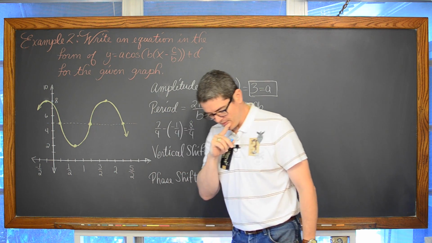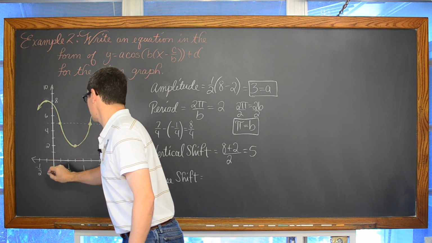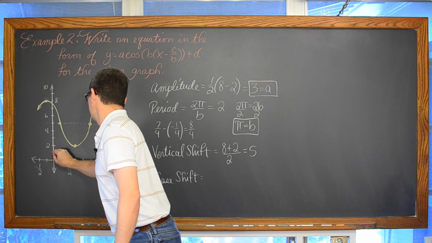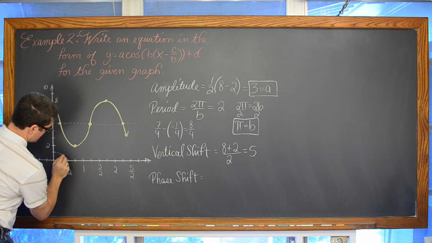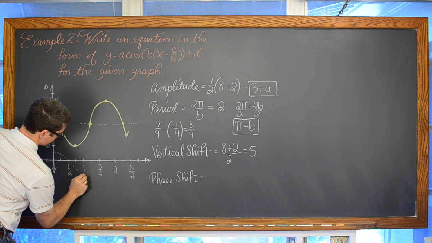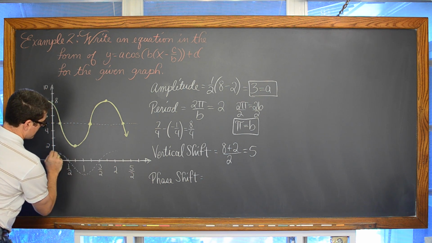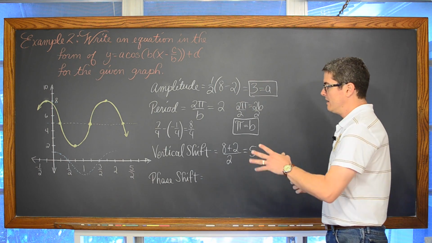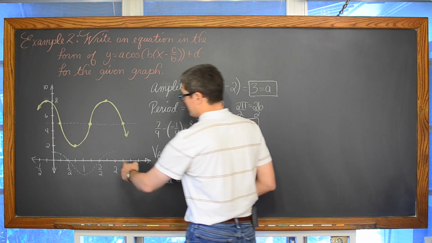A cosine graph starts at its maximum value. Our period is 2, so it's almost like this would be, well, I can't see through my hand. So that dotted line would be kind of like where the cosine graph would be if all we did was change the period from 2 pi to a period of 2.